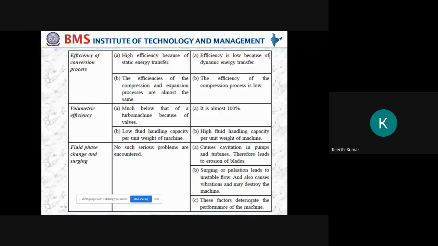These factors deteriorate the performance of the machine. A new turbo machine at the beginning will have 100% efficiency. As it keeps working, because of the surface roughness of the blades, the efficiency of the turbo machine reduces as it works for n number of durations.